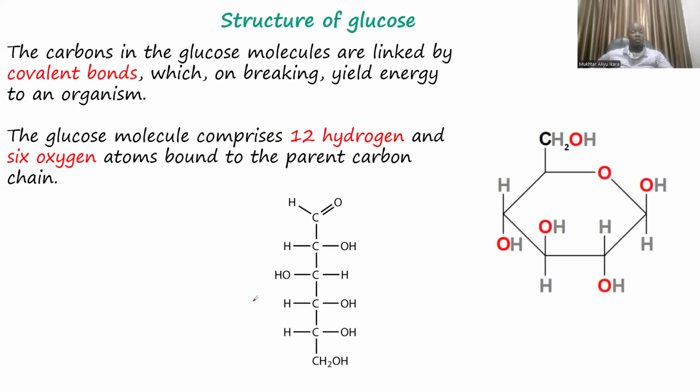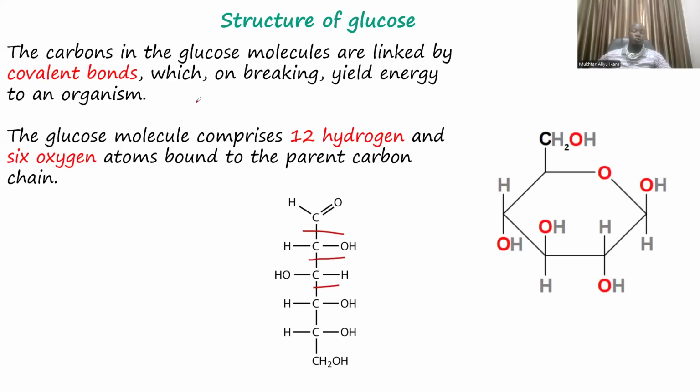The next thing we are going to look at is the structure of glucose. Let's look at glucose more closely. The carbons in the glucose molecule are linked with one another by covalent bonds, which on breaking yield energy to an organism.